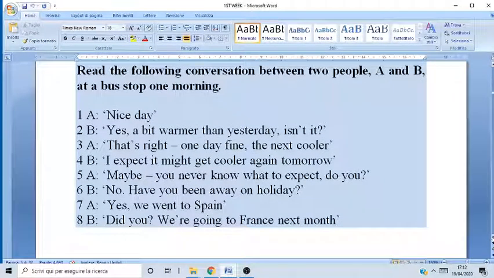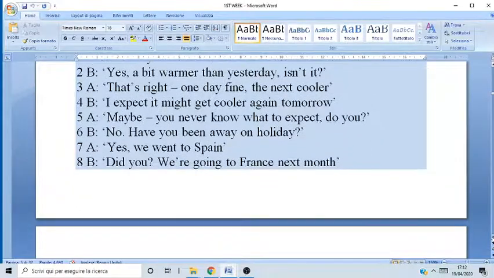Nice day. Yes, a bit warmer than yesterday, isn't it? That's right. One day fine, the next cooler. I expect it might get cooler again tomorrow. Maybe. You never know what to expect, do you? Nope. Have you been away on holiday? Yes, we went to Spain. Did you? We're going to France next month.